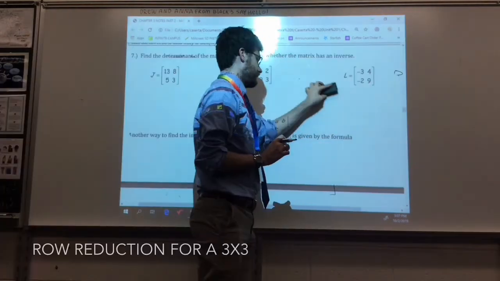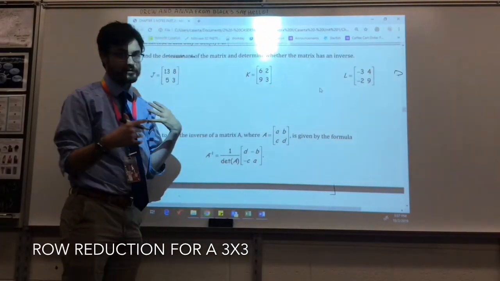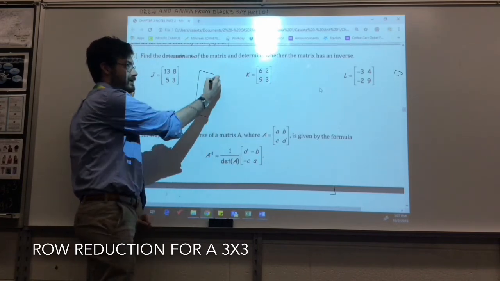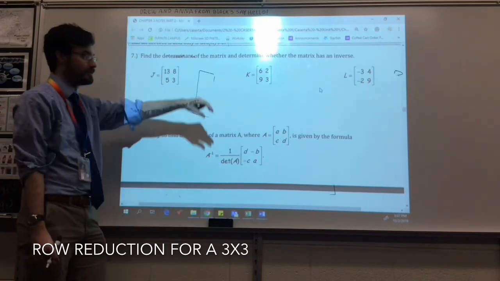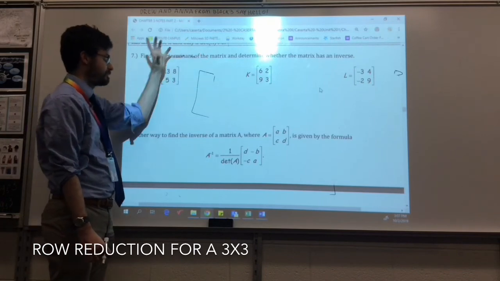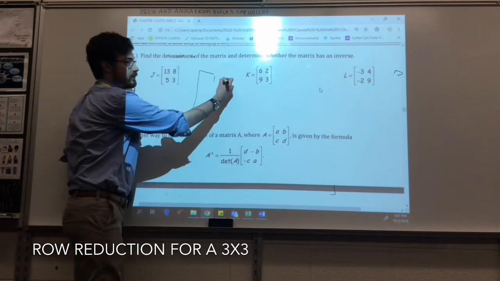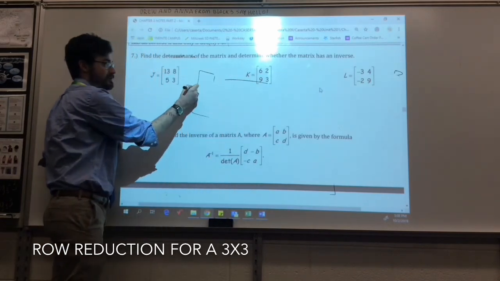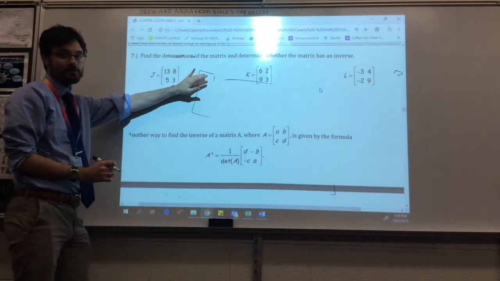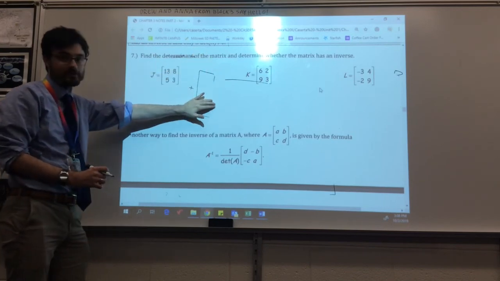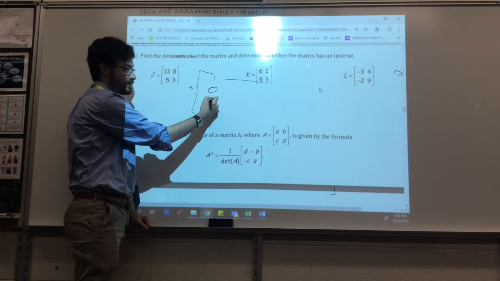So the last thing that we want in terms of solving it using row reduction, it's the same idea that I want to first create a 1 in the top left entry. Instead of multiplying our first row and adding it into our second row, I'll multiply it by a number to apply it to the second row, multiply by a different number to apply it to the third row so that I can get zeros underneath.